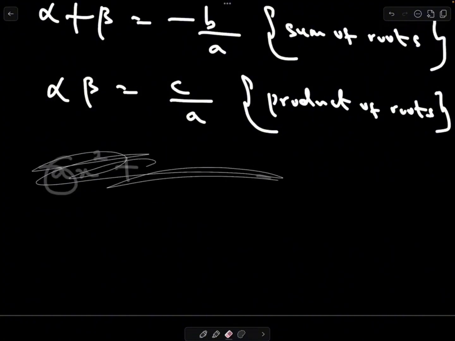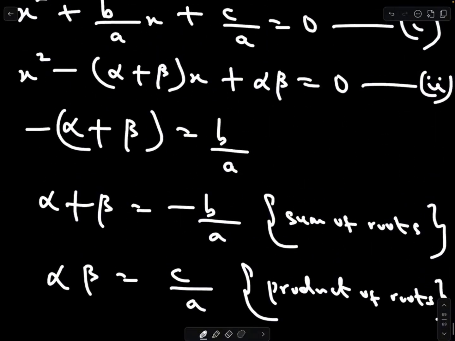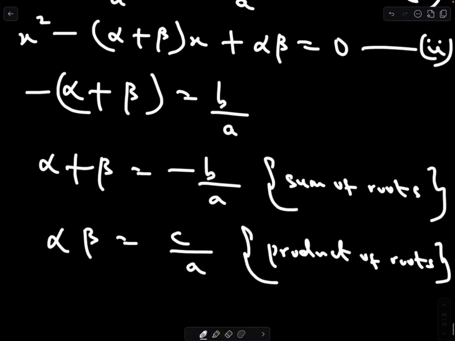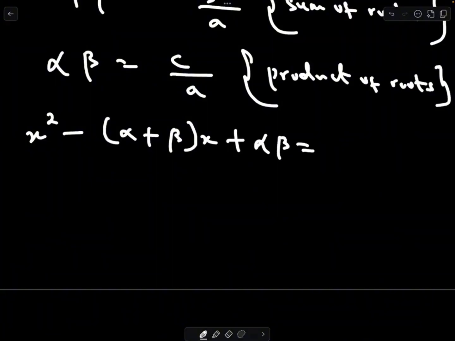Now, let's write a few identities for the roots. I can also say that the equation x squared minus alpha plus beta times x plus alpha beta equals 0 is also a representation of the general form of a quadratic equation, where alpha plus beta is the sum of the roots and alpha beta is the product of the roots.